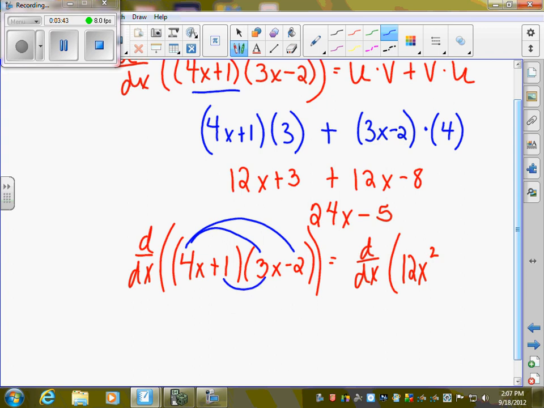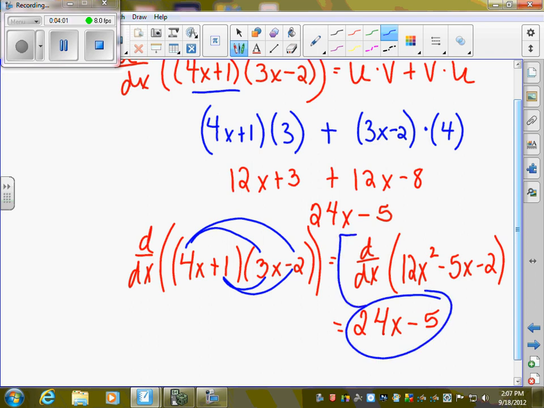Inner is going to give me plus 3x. So that's going to give me minus 5x. And then last is going to give me minus 2. If I FOIL this out first and then take the derivative, notice that I get 24x minus 5, which was the same thing I got up here when I used the product rule.